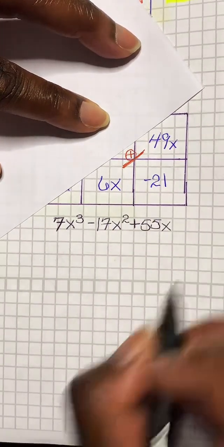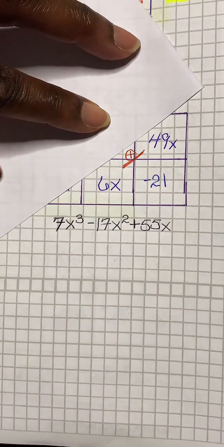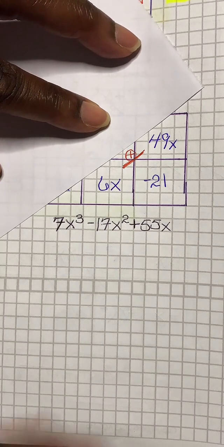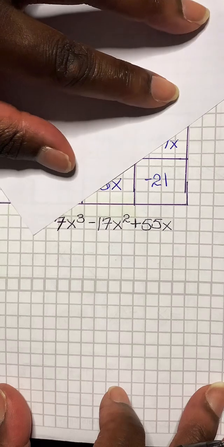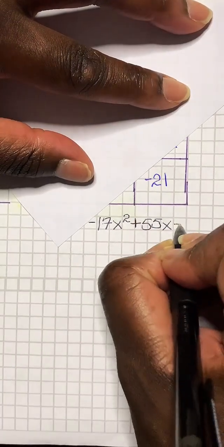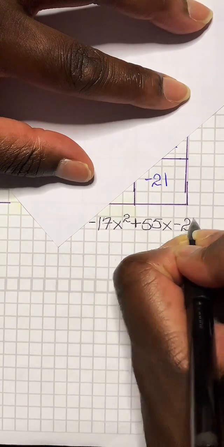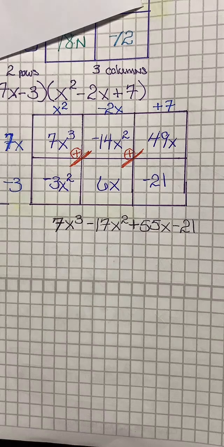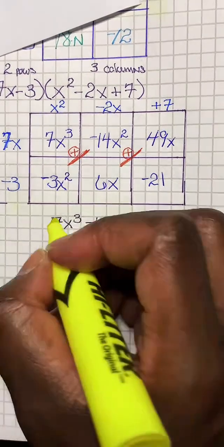You're not adding the exponents. You only add the exponents when you're multiplying. Okay? All right? So we got that. And then what's left over is that negative 21. So we got our answer. Let me highlight it.